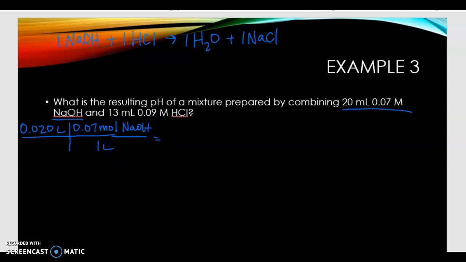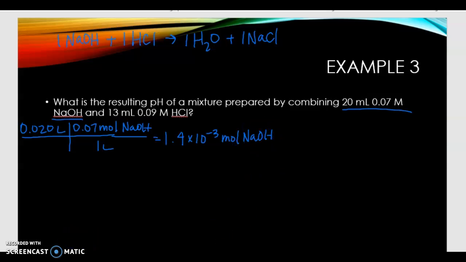Okay, so if we are going to multiply those two together, we are going to end up getting 1.4 times 10 to the negative 3. Let's fix that for a second. There we go. And that'll be moles of NaOH.